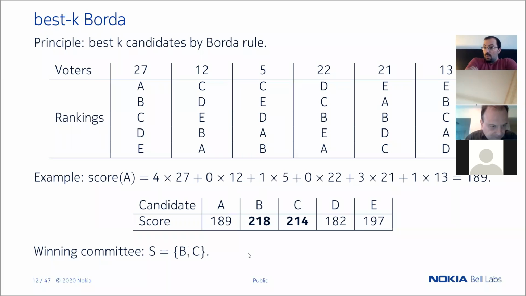We can do also the same with Borda voting. In classical single winner Borda voting, the number of points that you give to a candidate is the number of candidates that you put below this candidate. For example, here this voter gives 4 points to A because there are 1, 2, 3, and 4 candidates below A in the ranking.